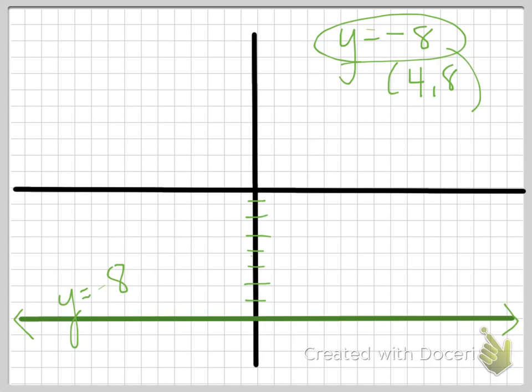I had to pause the video, and now I can't even remember where I left off. So 4, 8 is, well, it's 1, 2, 3, 4. And it's up 8. 1, 2, 3, 4, 5, 6, 7, 8. And so 4, 8 is right there. Perfect.